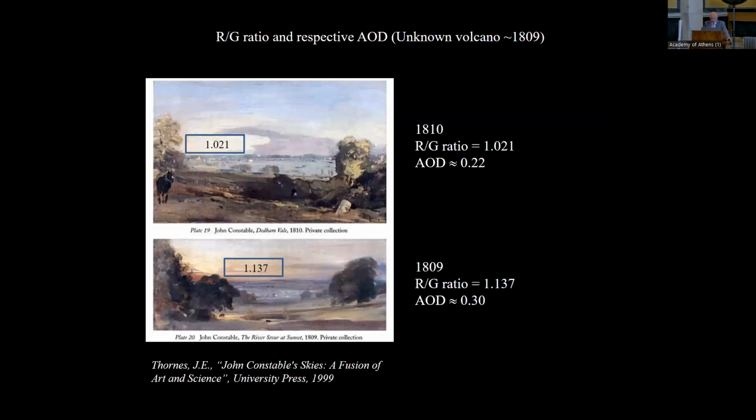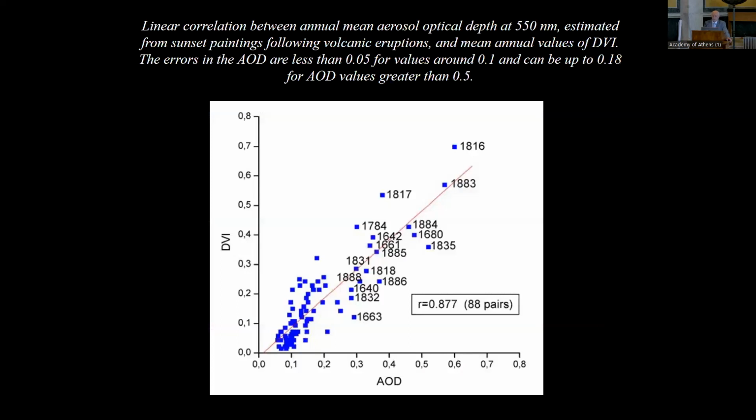Using that method, we found out that in 1809 there was an unknown volcanic eruption, that now has been established after the paper we published, showing that we could use paintings to add to our basket of data that are missing.